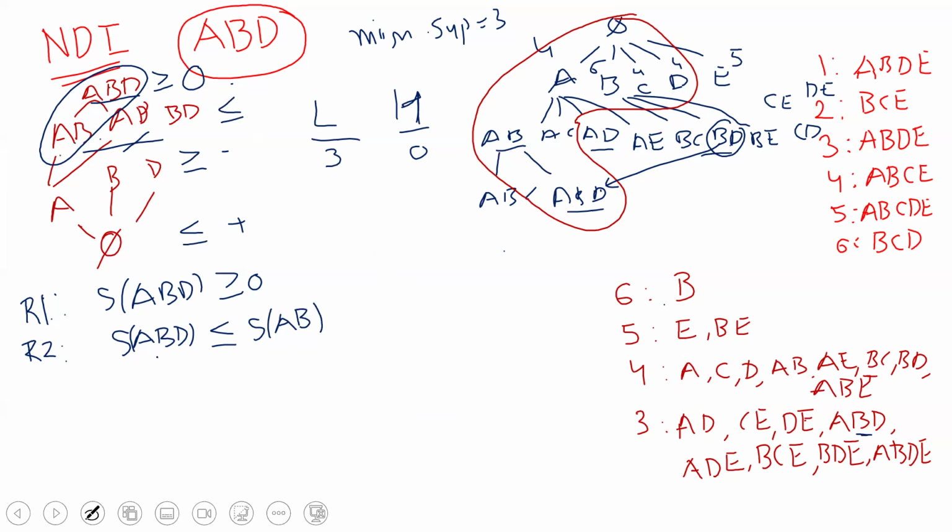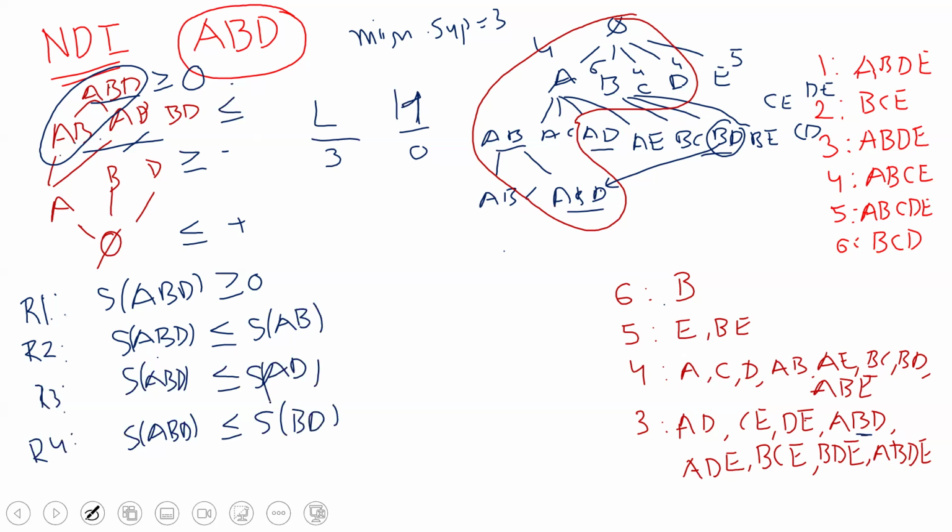S of ABD is less than or equal to S of AB. The third rule would be S of ABD is less than or equal to S of AD. And the fourth rule is S of ABD is less than or equal to S of BD. I have derived 4 rules now.